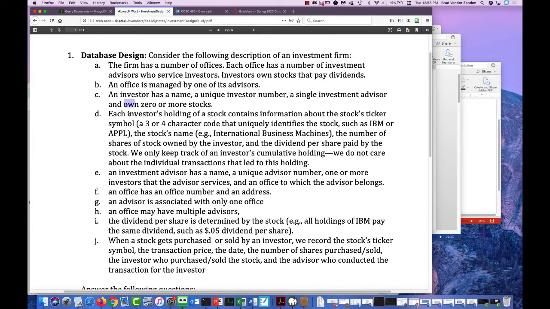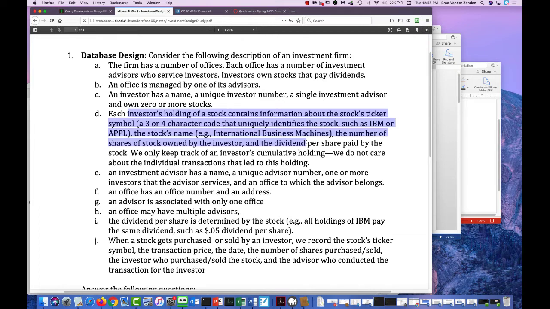Now we come down to D. We see that each investor's holding of a stock contains information about the stock's ticker symbol, the stock's name, the number of shares owned by the investor, the dividend per share paid by the stock. So this is the first time we come into some stuff that requires a little more nuance.